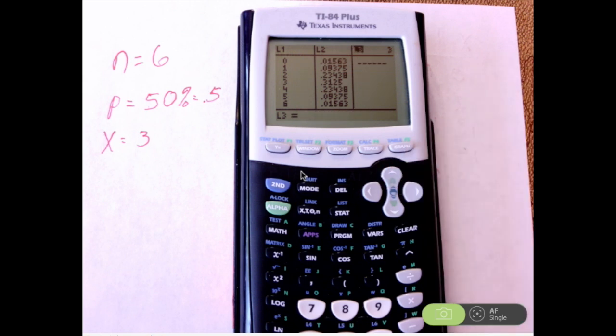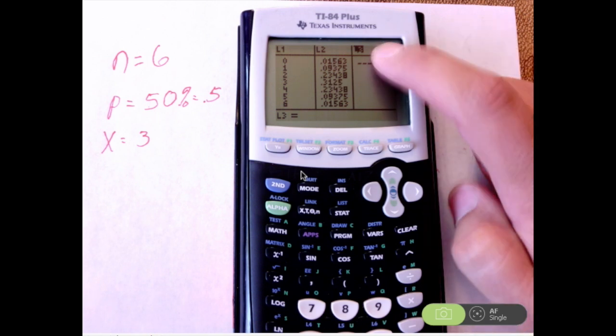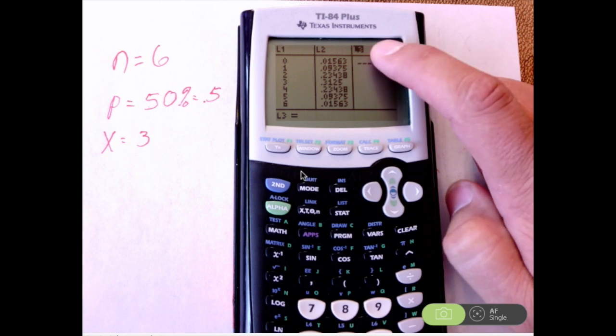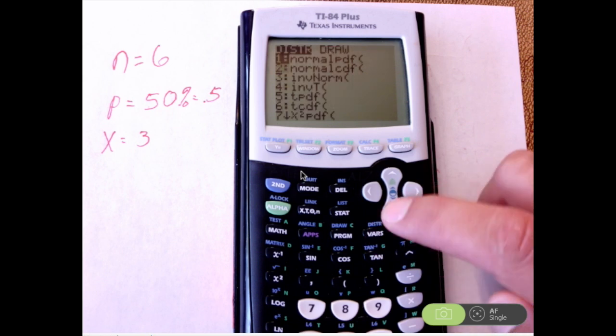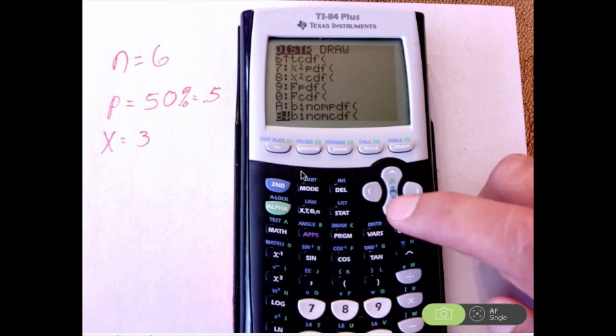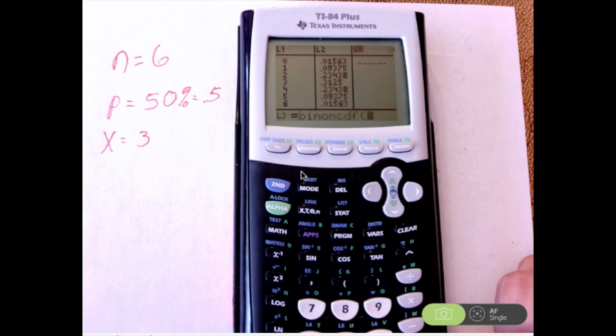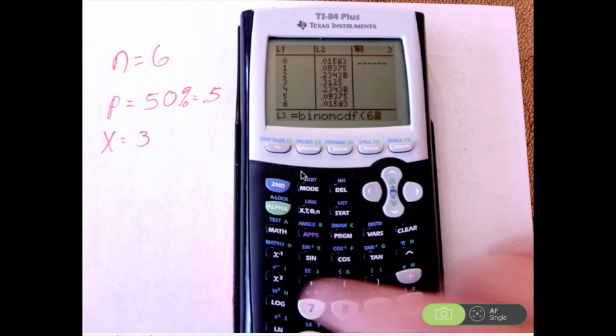I can also do the same thing if I wanted to do a cumulative probability table. Again, I go up to the L3, not actually inside the list, but the title of the list. And the only thing I'm going to change this time is going to the CDF. Everything else is still the same.